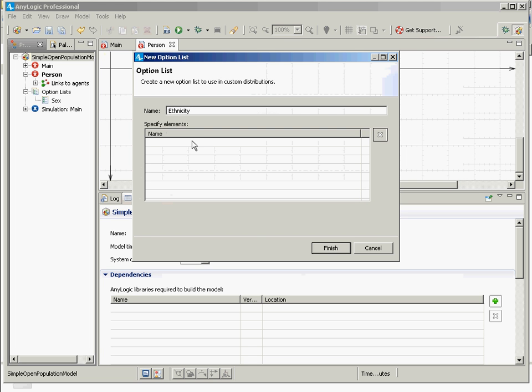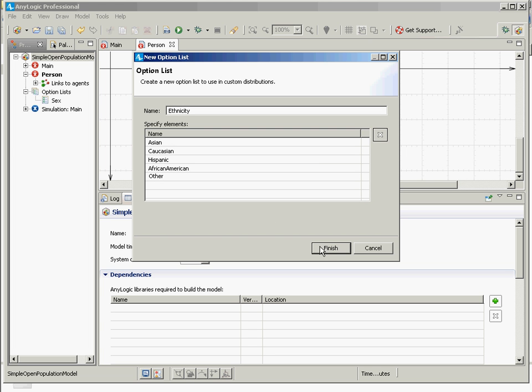But perhaps we'll say there'll be Asian, Caucasian, and I know long discourses could be had about differences in race and ethnicity, but I'll say Hispanic, and I'll say African American, and then maybe other.